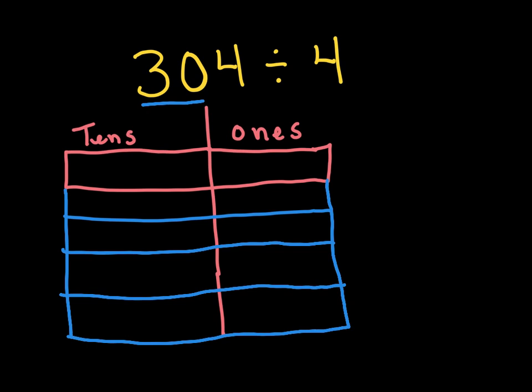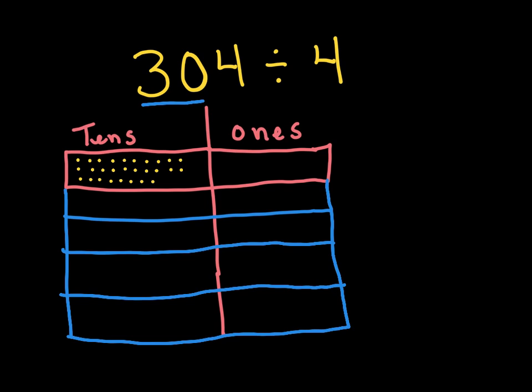So I'm going to put 1, 2, 3, 4, 5, 6, 7, 8, 9, 10. 1, 2, 3, 4, 5, 6, 7, 8, 9, 10. It's 20. Whoops. And then we've got 2, 3, 4, 5, 6, 7, 8. So that's 28.